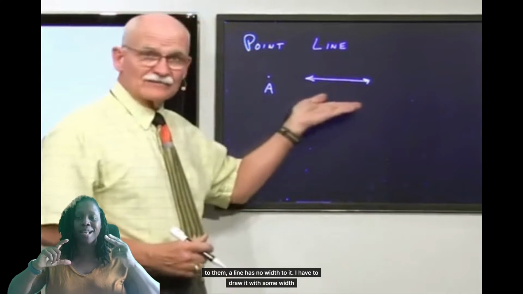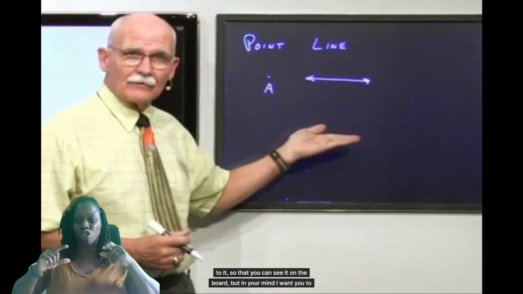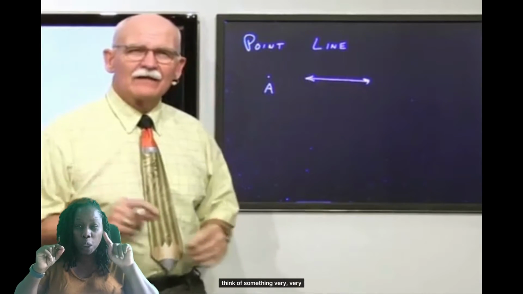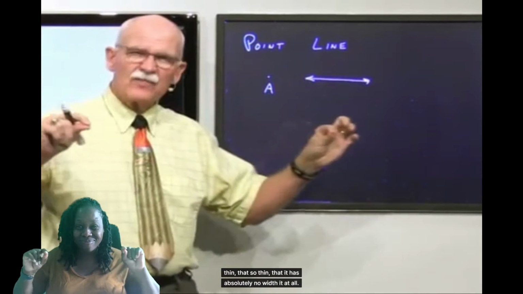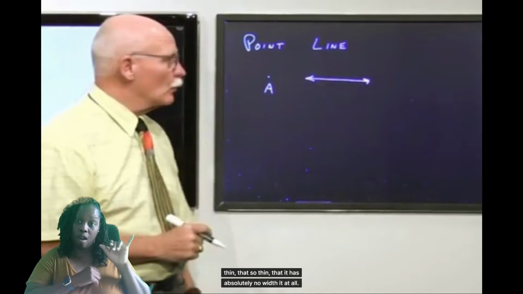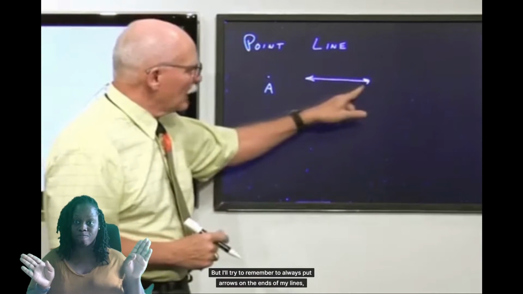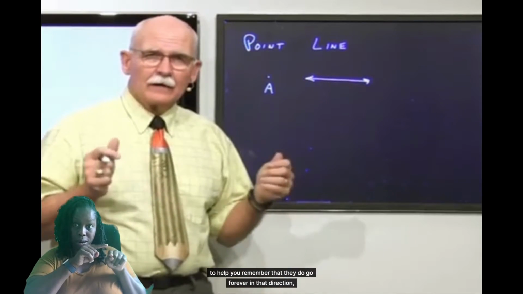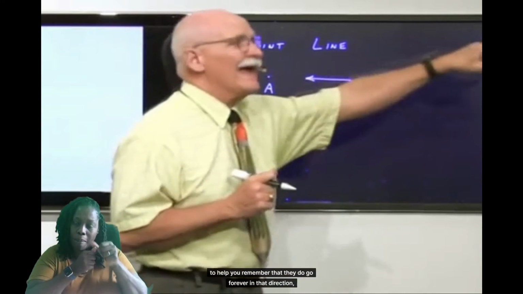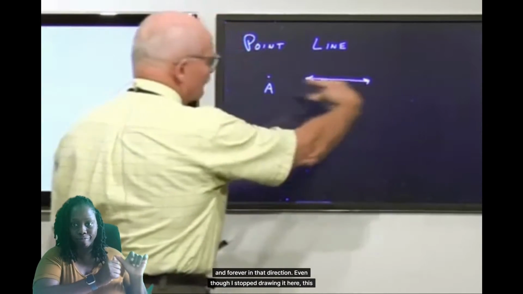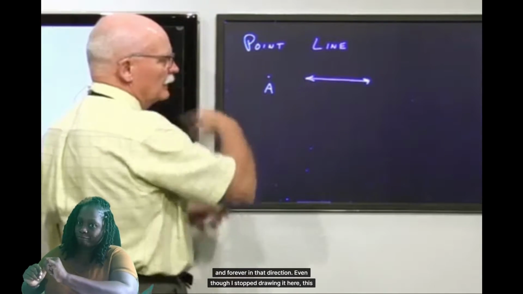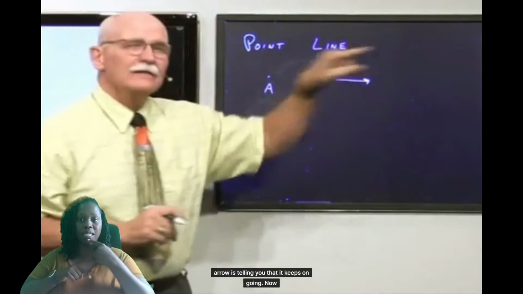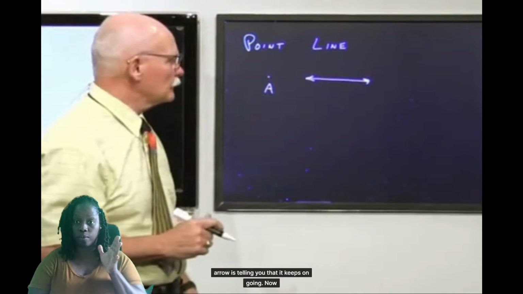I have to draw it with some width to it so that you can see it on the board, but in your mind I want you to think of something very, very thin, that's so thin that it has absolutely no width at all. But I'll try to remember to always put arrows on the ends of my lines to help you remember that they do go forever in that direction and forever in that direction. Even though I stopped drawing it here, this arrow is telling you that it keeps on going.